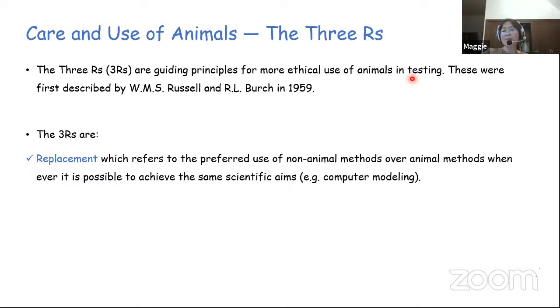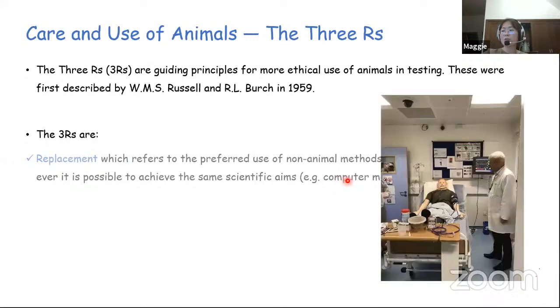Replacement means the preferred use of non-animal methods over animal methods whenever it is possible to achieve the same scientific aims. For example, before we used animals for lab classes, but now sometimes we can use computer modeling to replace those experiments.